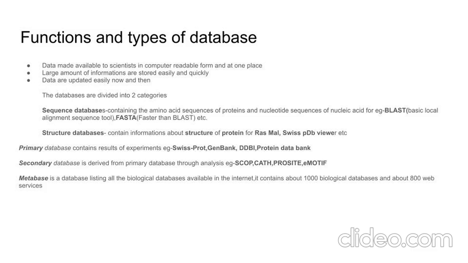Secondary database is derived from primary database through analysis by SCOP, CATH, PROSITE and eMotif. Metabase is a database listing all the biological databases available on the internet. It contains about 1000 biological databases and about 800 web services.